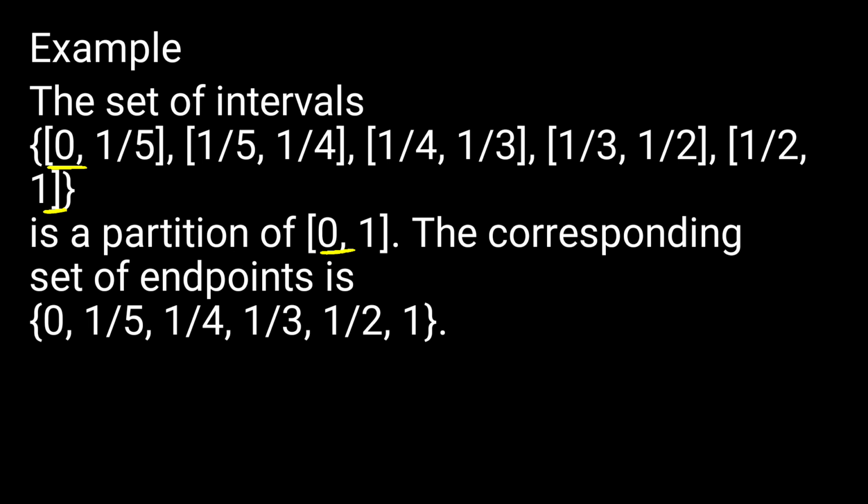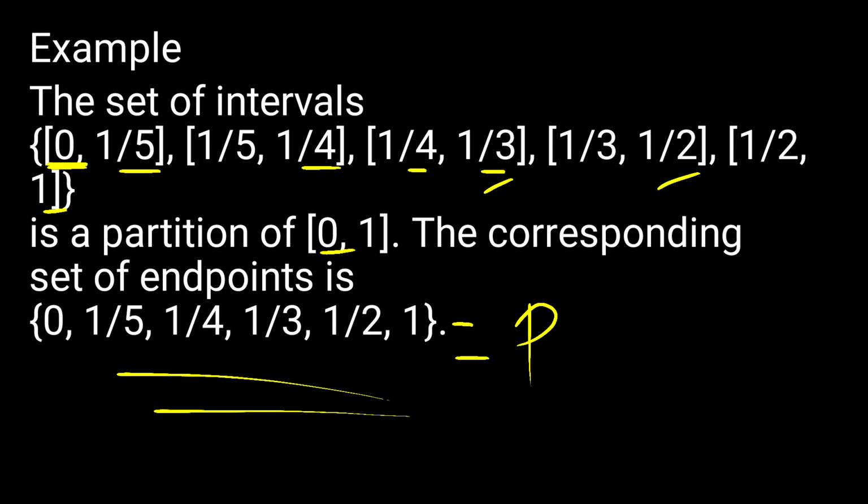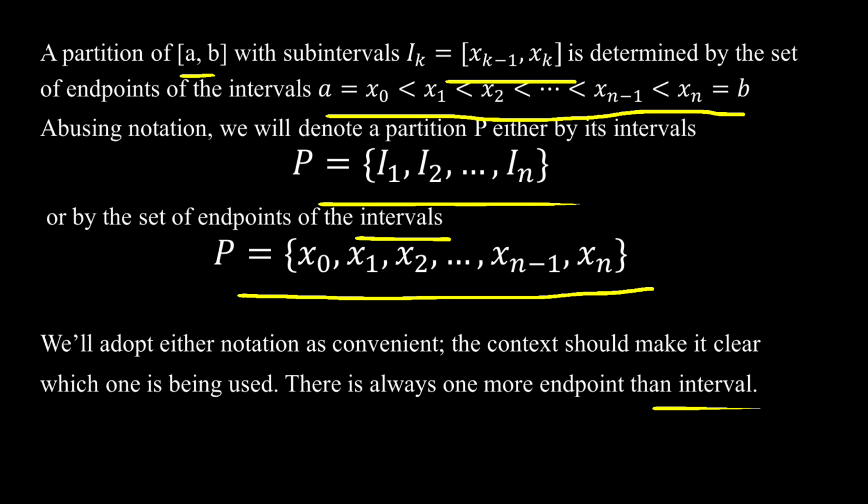So this is the P. For this one, these are the endpoints: first endpoint, second, this way, and 1. So this is now the set P of the partition.